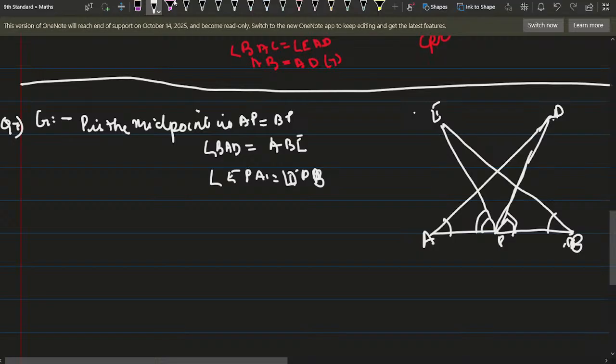Okay. Proof. To prove, write on your own, because there are two things to be proved: the congruency and the CPCT.